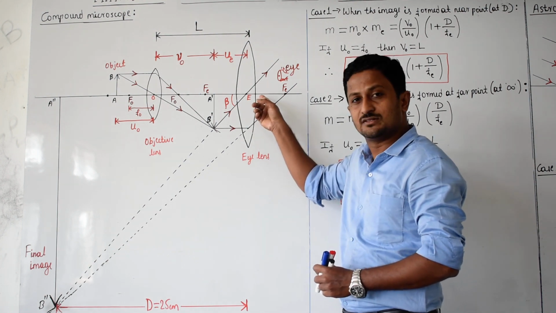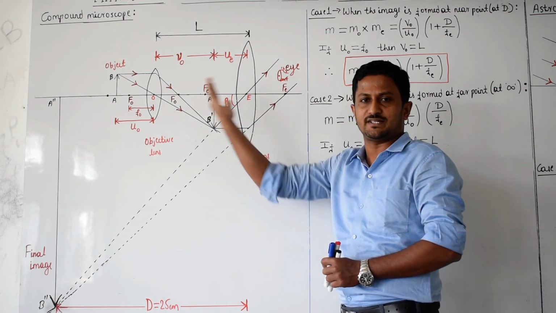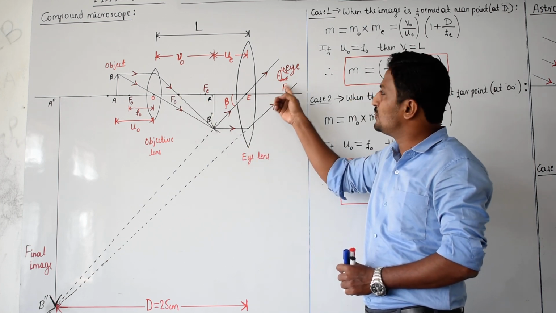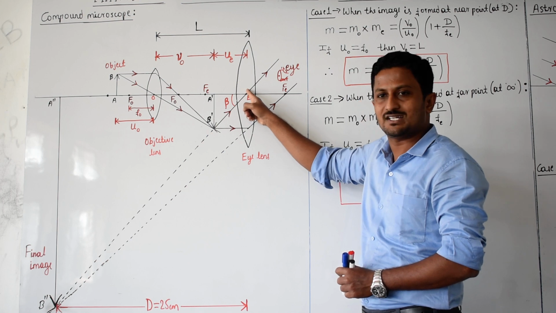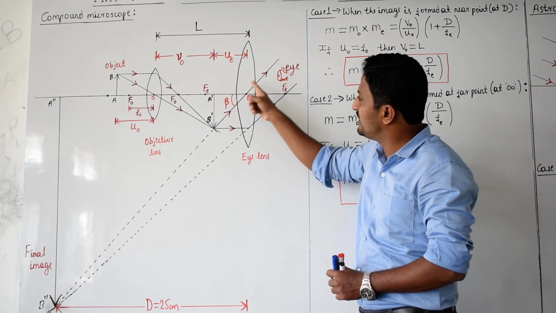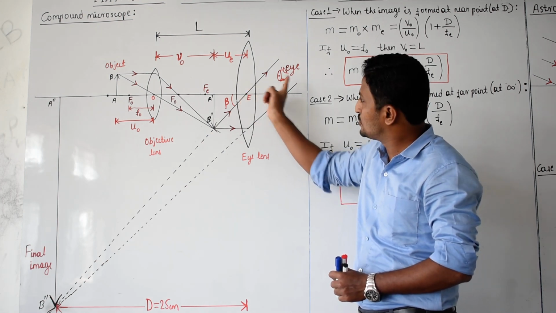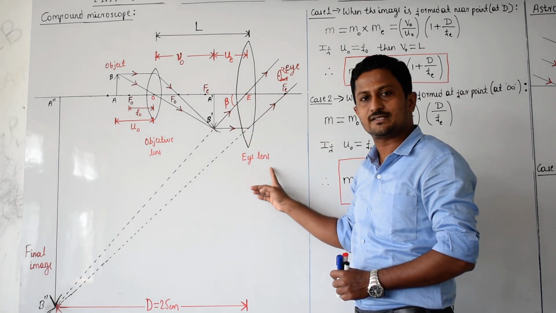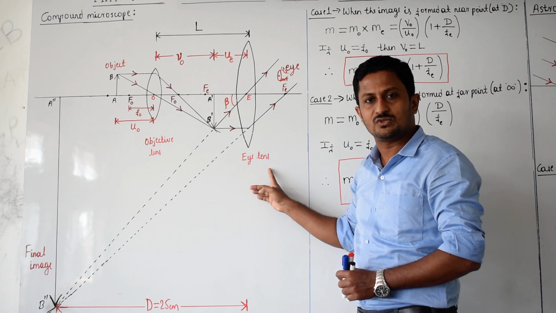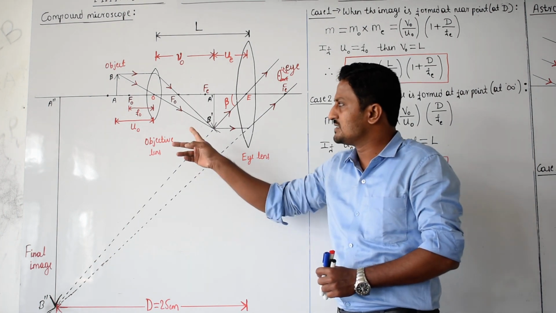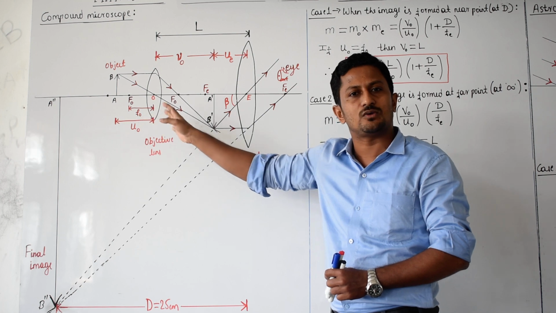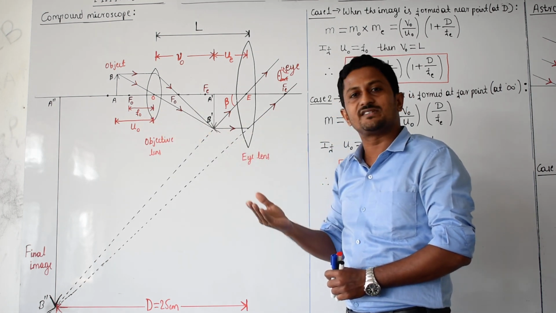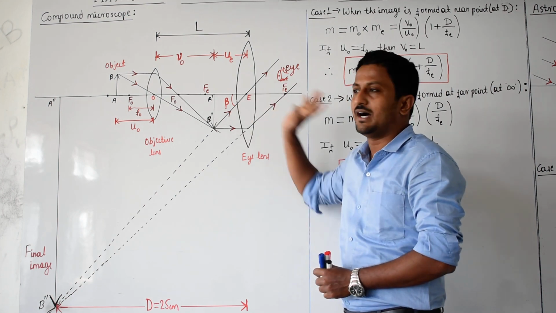A lens through which you watch is called the eye lens. Have you understood? There are two lenses. The lens which is near to the object is called the objective lens, and the lens through which you see the image is called the eye lens.